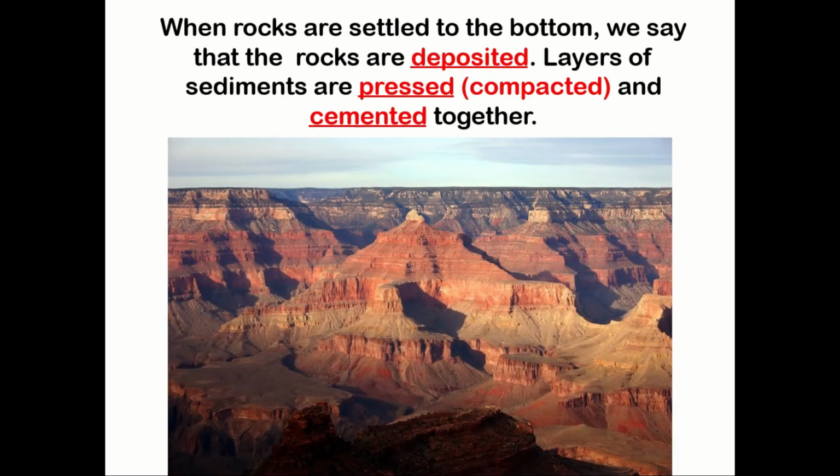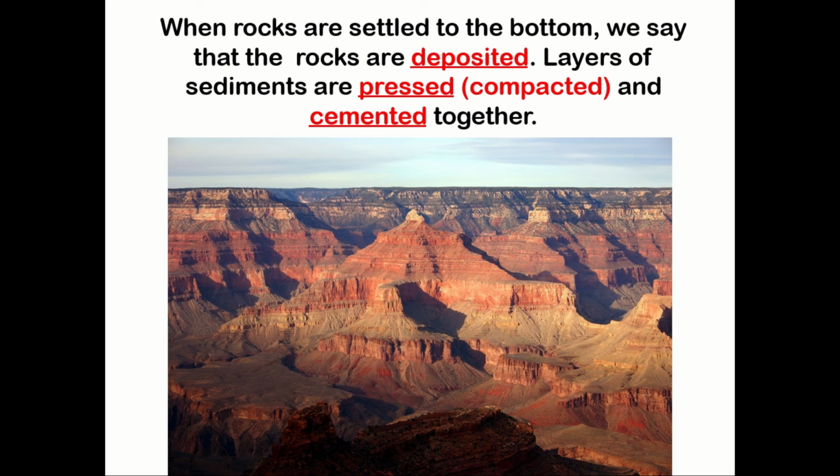When rocks settle to the bottom, they are deposited. Layers of sediments are then pressed, compacted, and cemented together. Again, it takes years of exposure to weathering, soil erosion, sedimentation, deposition, compaction, and then cementation to form these layers of sediments.